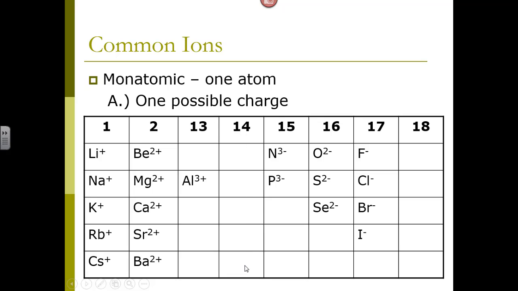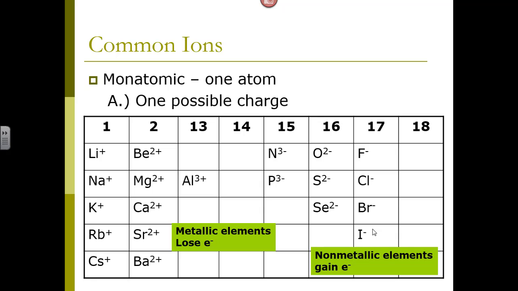Notice we skipped the entire carbon family. We'll talk about why a little bit later. We've got a few out of the oxygen family and most of them out of the halogens. Notice again, the metallic elements are the ones that lose electrons. The non-metallic elements are the ones that gain electrons.